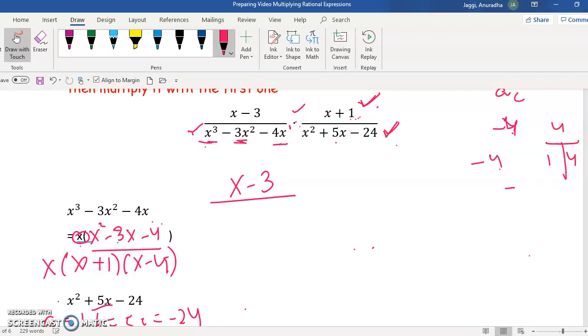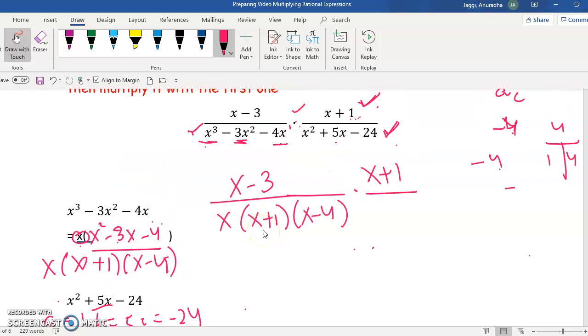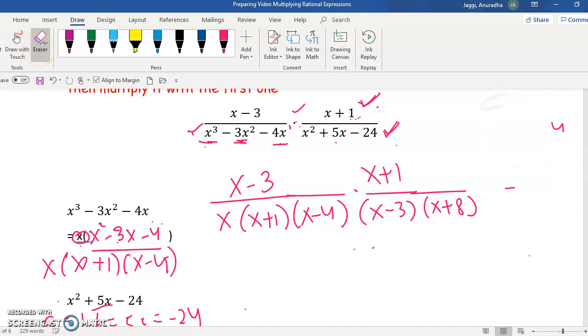The factored form of this cubic trinomial is x times x plus 1, x minus 4, multiplied by x plus 1 divided by the factored form of this one, which is x minus 3 times x plus 8. Okay, now is the time to put the restrictions.